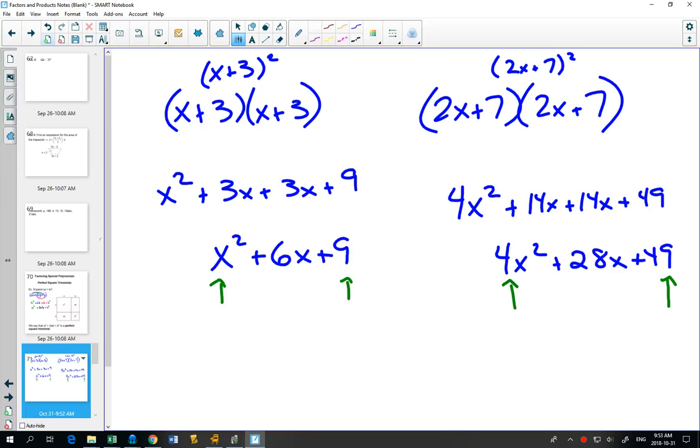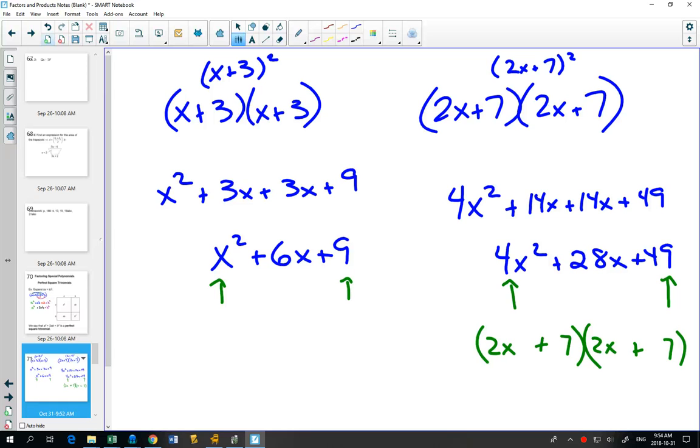Here we have 3 times 3 is 9, and x times x is x squared. If you look at those and say those are perfect squares, and you were factoring, you could check quickly if the perfect square factors exactly. Because what's your outside and inside? Your outside is 14x. Your inside is 14x. So whatever the square roots of these are, this is going to be double what that is, because there'll always be two that are the same.